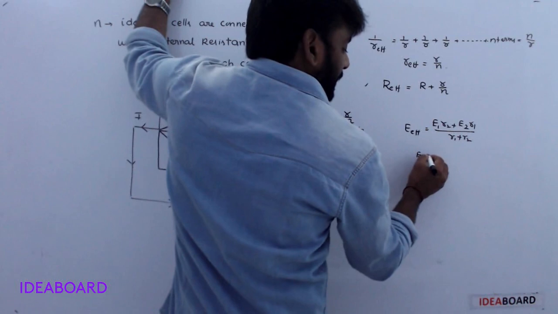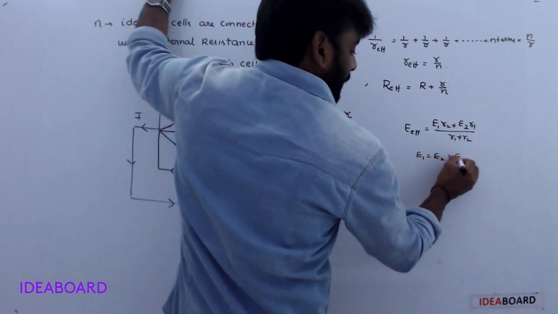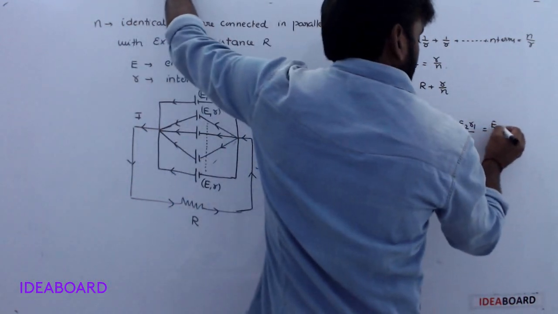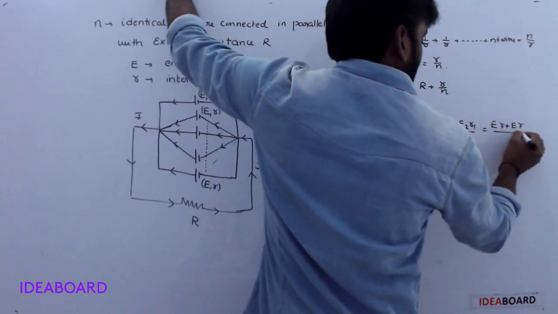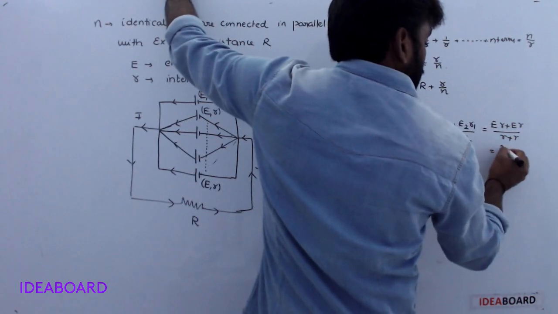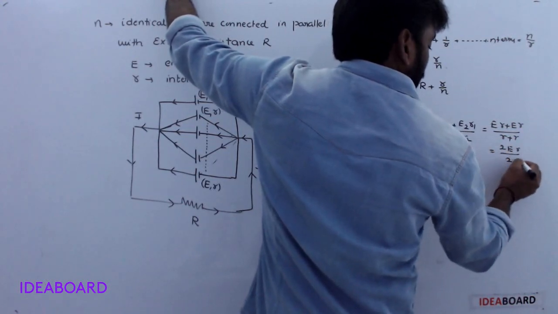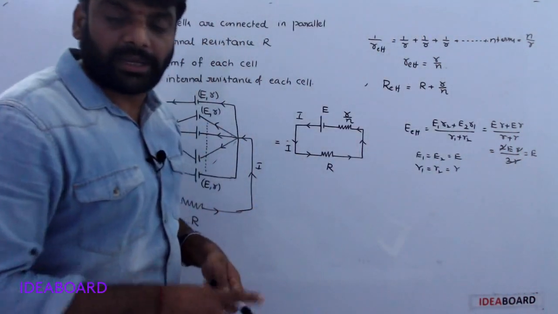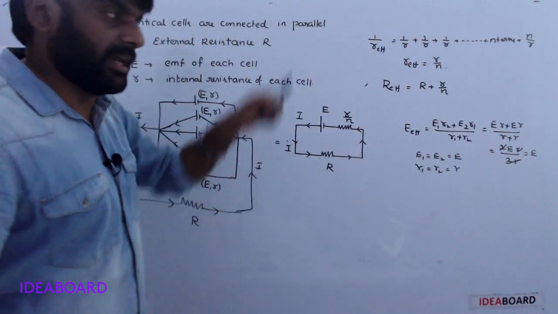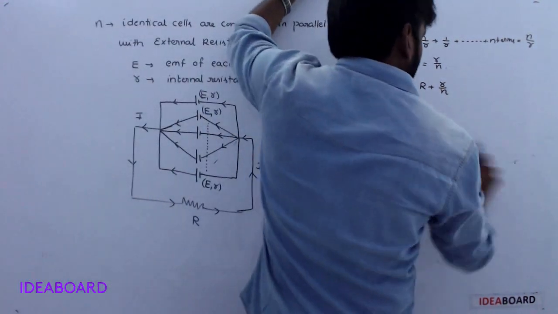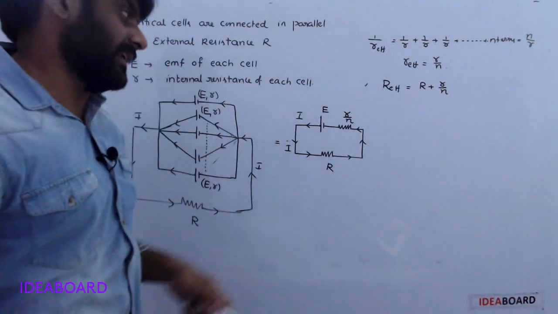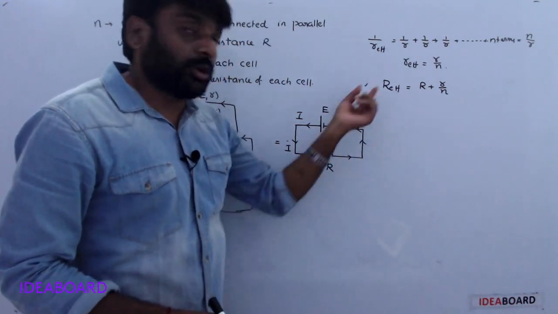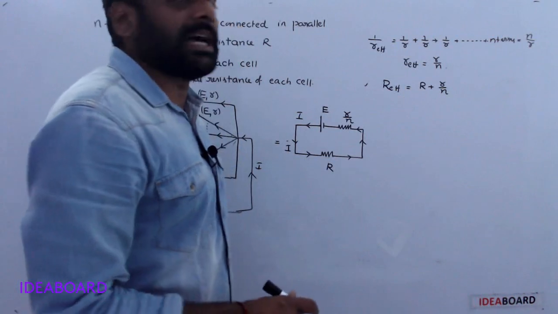Here E1 is equal to E2 is equal to E, and R1 is equal to R2 is equal to r. Substituting, E into r plus E into r by r plus r, so 2Er by 2r, the 2r cancels. What is the EMF here? E. For N cells, the same phenomenon. So the effective EMF in parallel combination is E. Total internal resistance is r by N. Total effective resistance is R plus r by N.